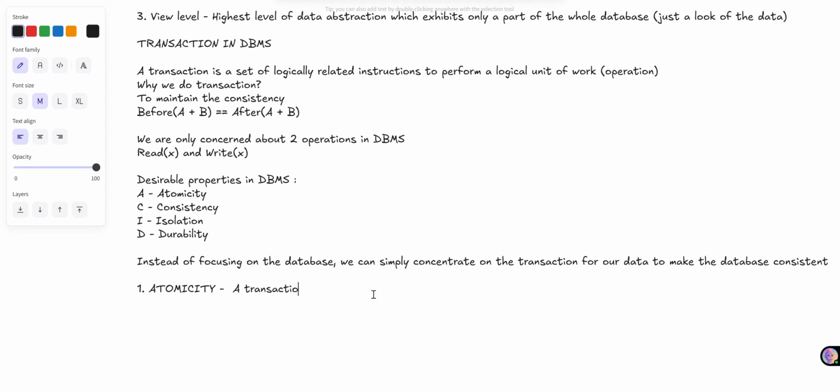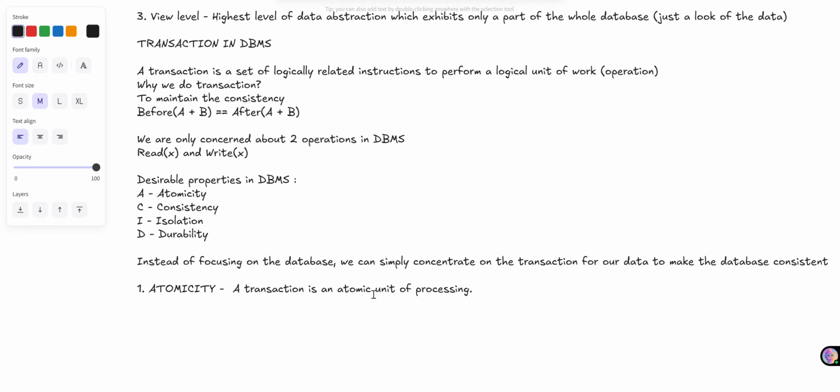A transaction is an atomic unit of processing. You know there is nothing smaller than an atom. Let's suppose there is nothing smaller than atoms, then you cannot divide atoms. So that atom should be complete or should not be there completely.